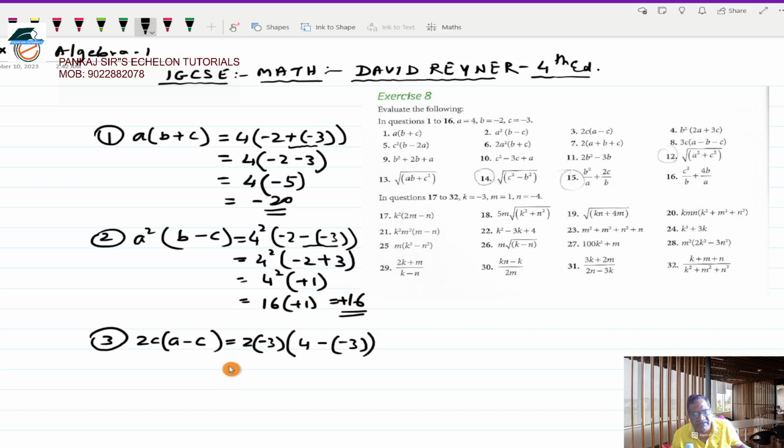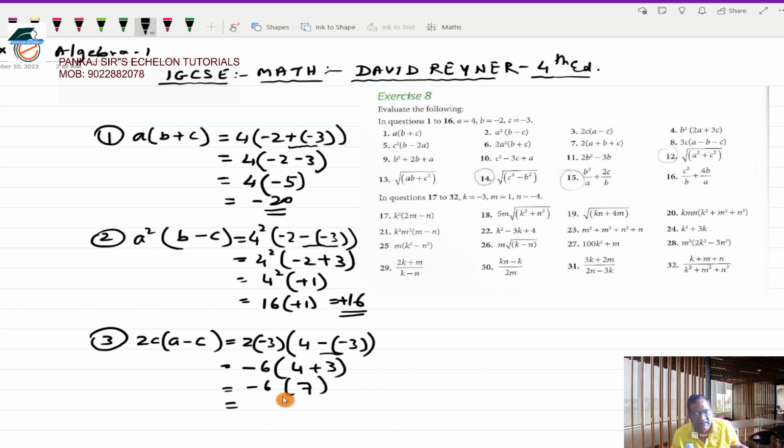Fine. Okay. Now from the innermost bracket here I'll work out. So this will be, now this also I can work out. 2 into minus 3 will be minus 6. And here I'll get minus, and minus into minus is plus, so plus 3. Then minus 6 into this 4 plus 3 will be 7.